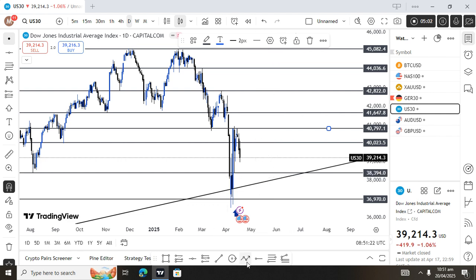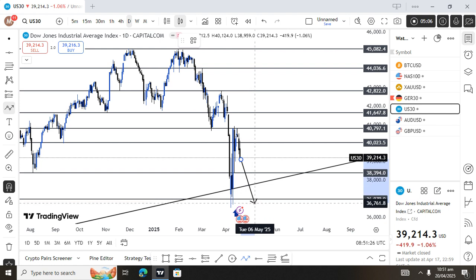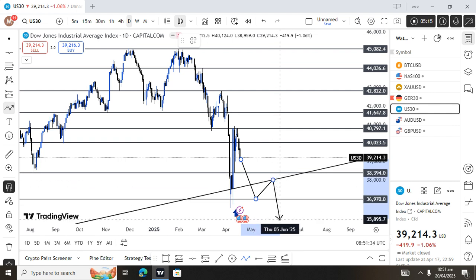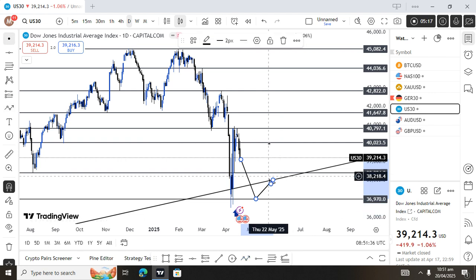Right now I expect the market to drop and break this trend line, maybe reverse to this strong zone and just retest maybe here or inside. If it retests here, we confirm those sells down there.